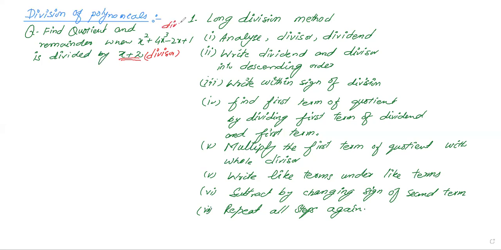So the first one is the divisor and the second one is the dividend. After analyzing this, you start the process of division with the sign of division. Now we have to write the terms within this.